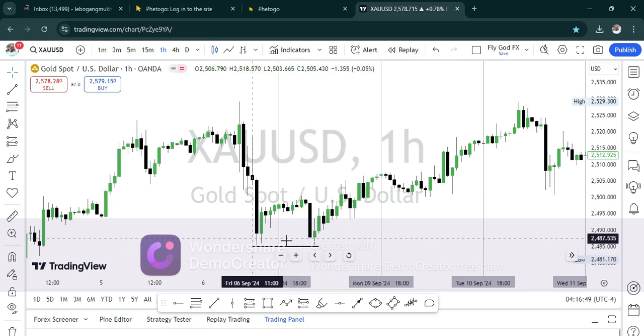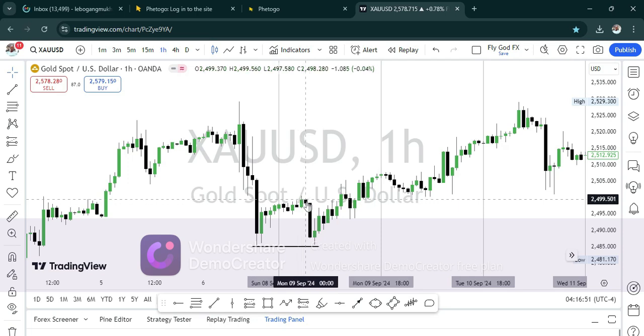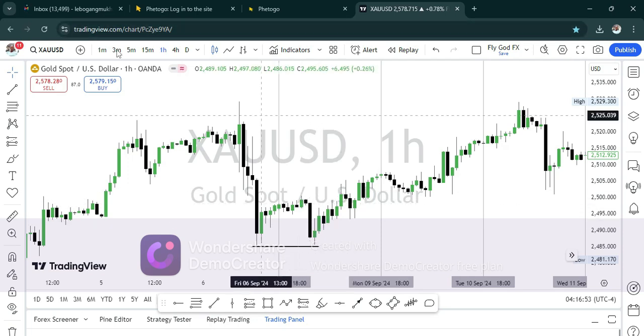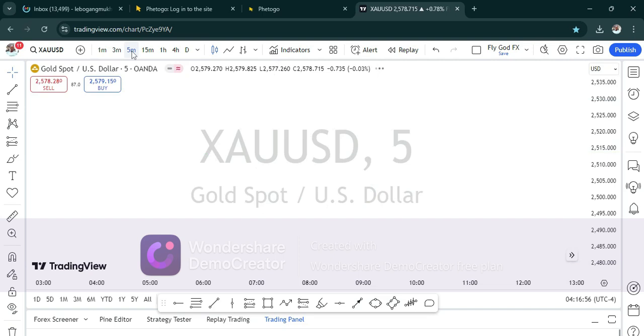This is a Monday session. And then we go to our entry point or our entry time frames.